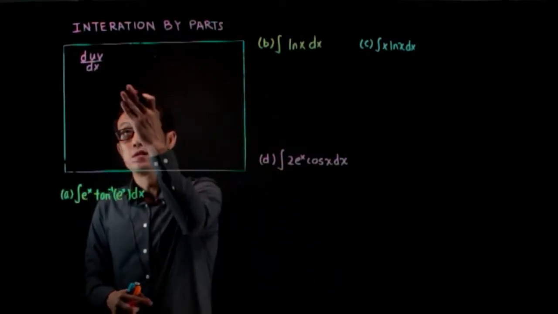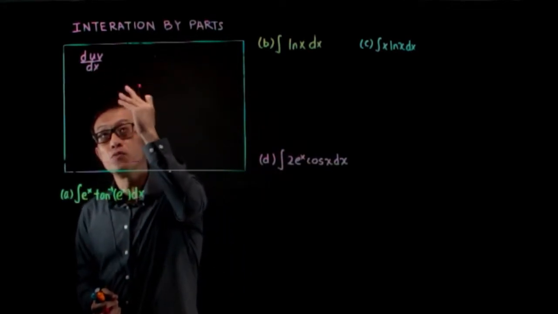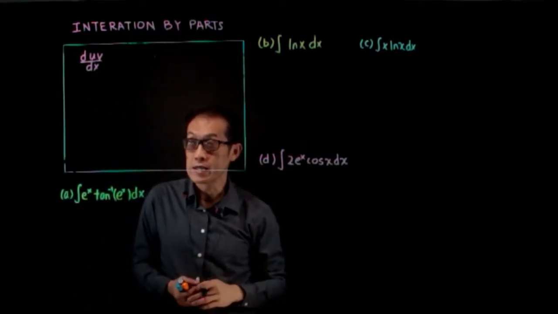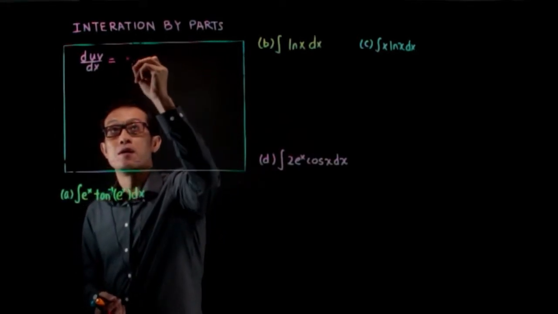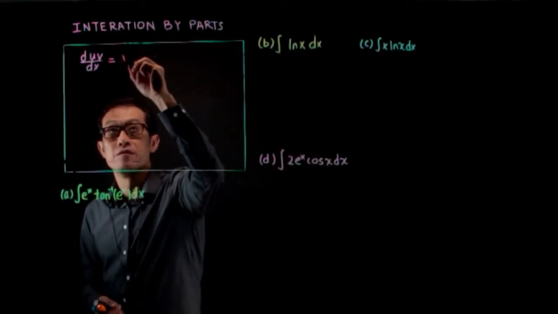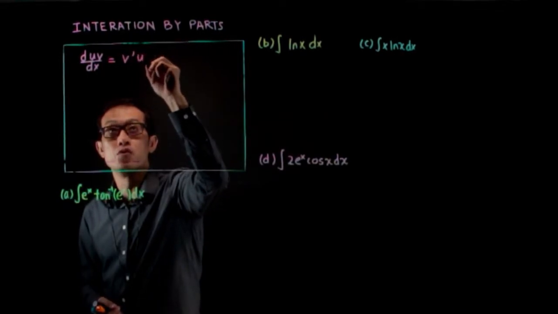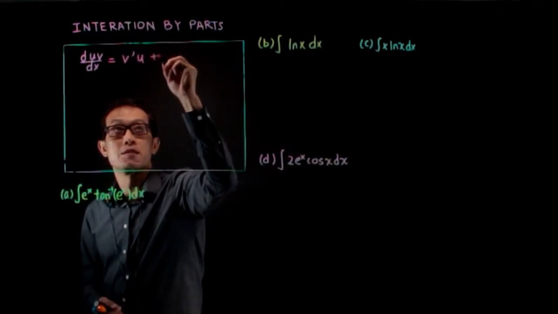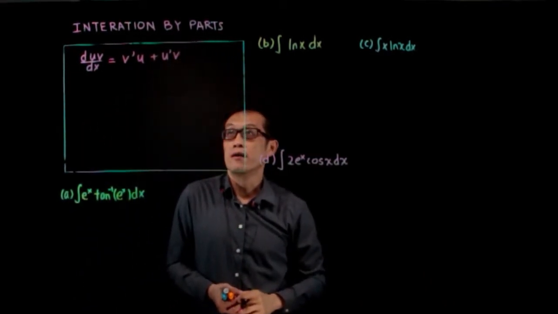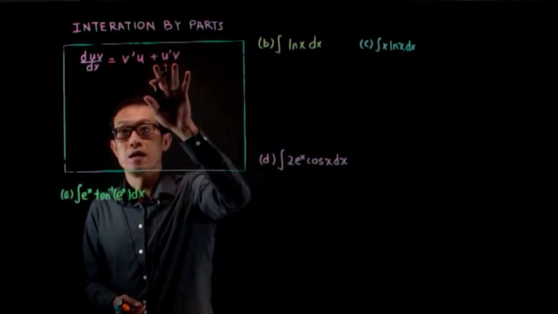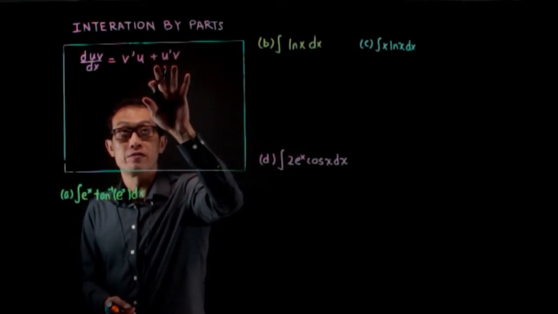So let's differentiate uv by dx. So what do you get over here? You have v prime u plus u prime v. Now let's say we want to make this the subject of the formula.